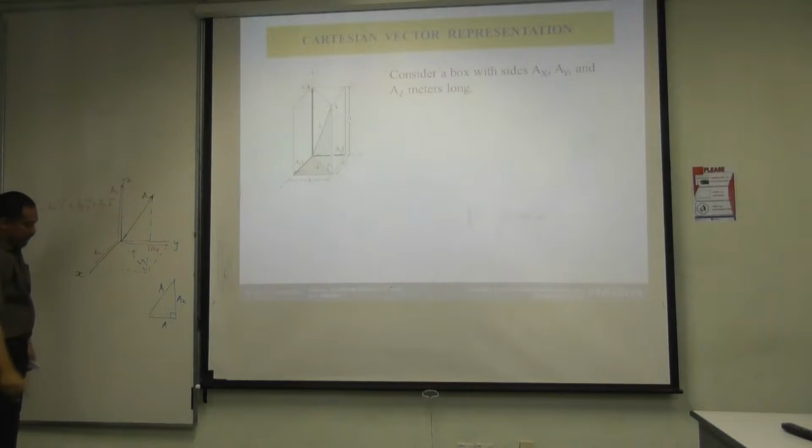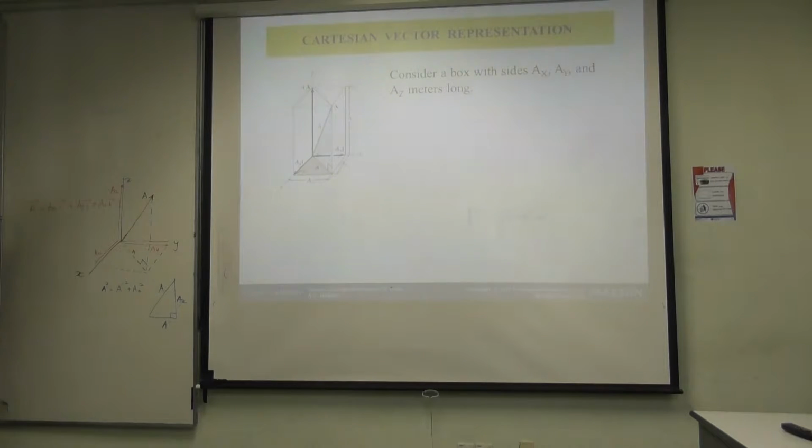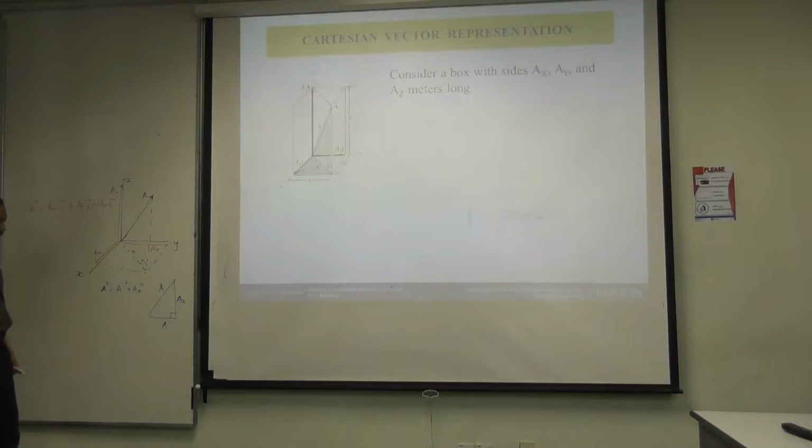So the triangle. How it relates is basically from Pythagoras. A squared equals A prime squared plus Az squared, right? Or A equals square root of A prime squared plus Az squared, right?